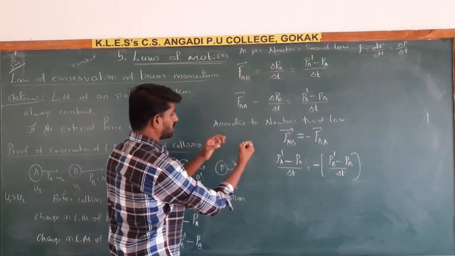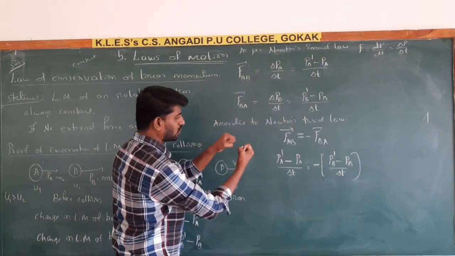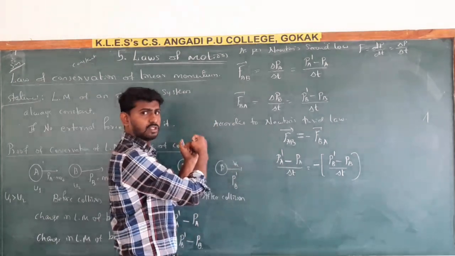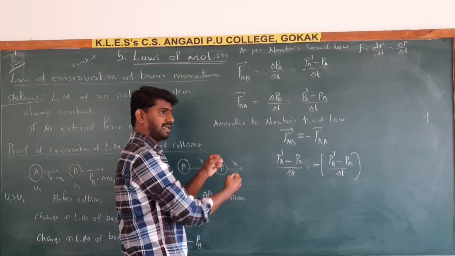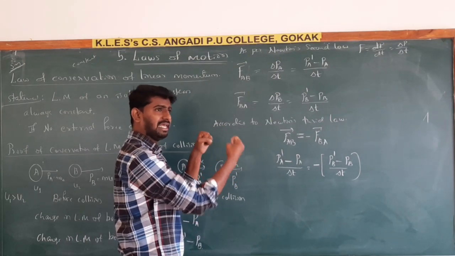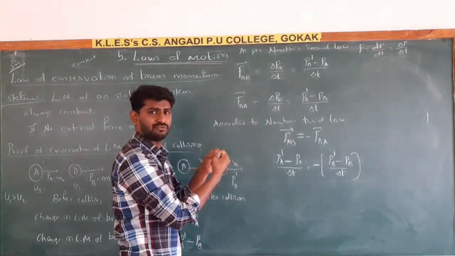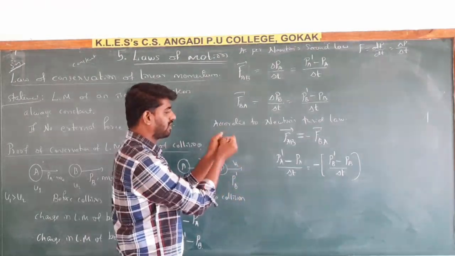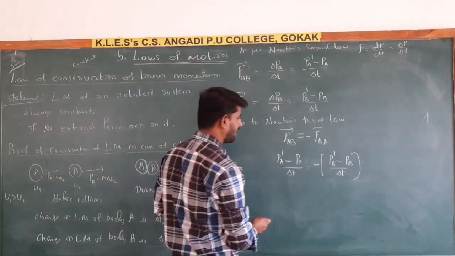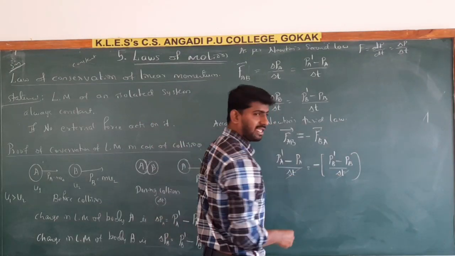Because the time for which body A applies force on B is the same time for which B applies force on A. So the time interval during the collision is the same. The force experienced by A and the force experienced by B are equal and opposite, and they experience the force in the same time. The contact time is the same for A and B. Now the delta T is cancelled.